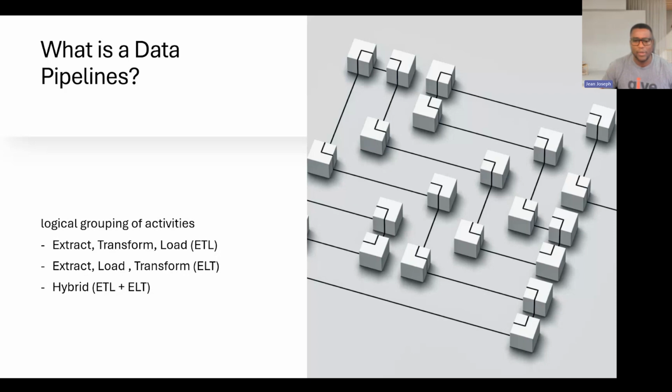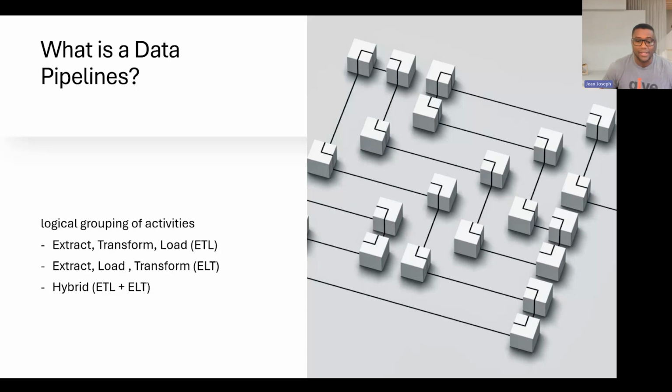Data pipelines are capable of handling large volumes of data. Pipelines support scalability of data growth, right? They also maintain data quality through consistent transformations and validation processes. Pipelines allow you to integrate data from multiple sources for a unified view.